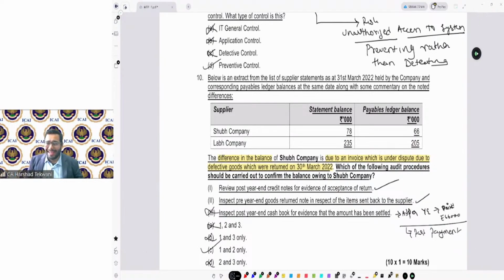Understood? Any doubts? Any doubt, guys? So by this way, you can correlate things and then try to give the answer.